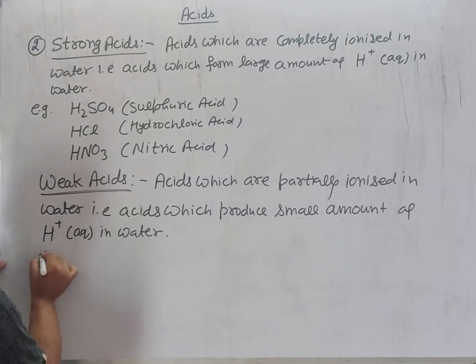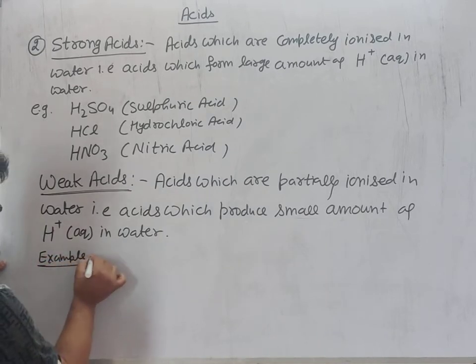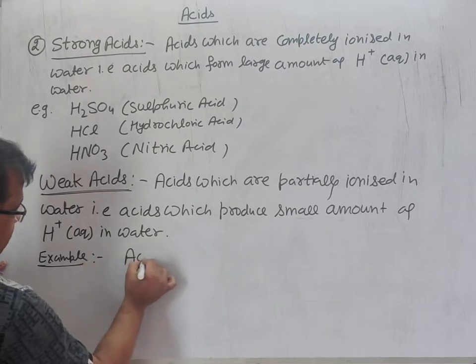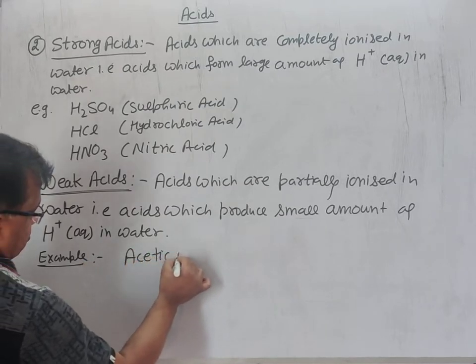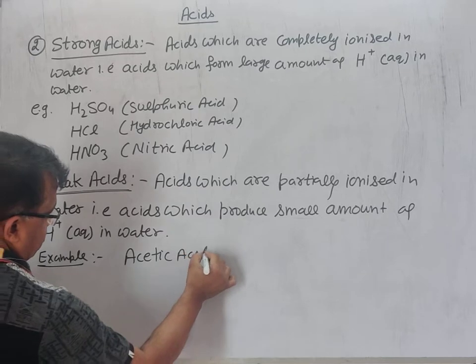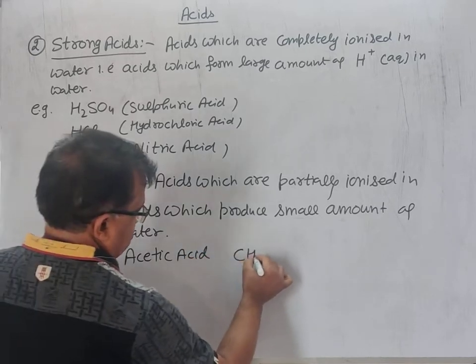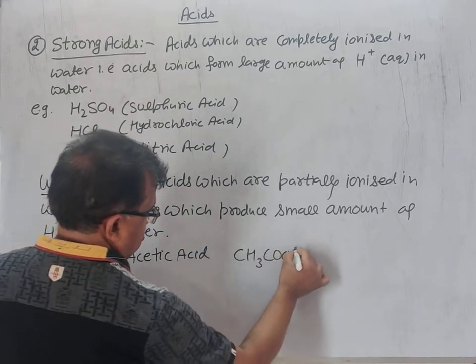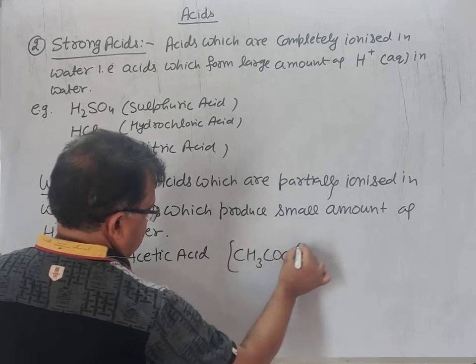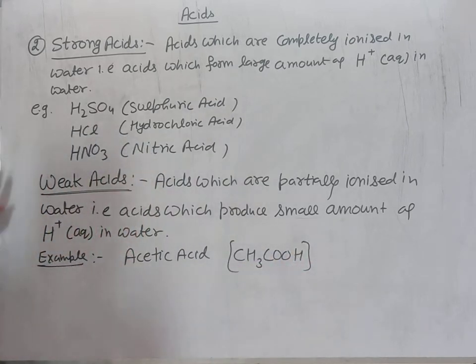For example, acetic acid, its formula is CH3COOH. So strong acids produce a large amount of hydrogen ions, aqueous, and weak acids produce a lesser amount of hydrogen ions, aqueous. Now next topic.